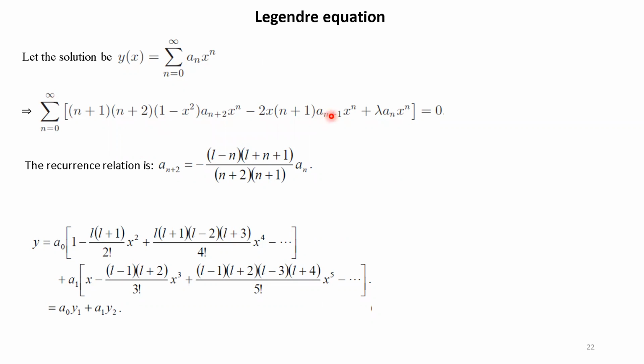So if you pick L to also be some finite integer, then at some n you see that this L minus n will be 0, and then this recurrence relation won't continue anymore.